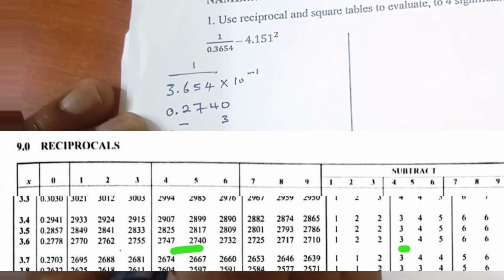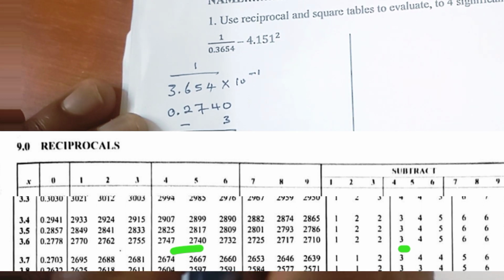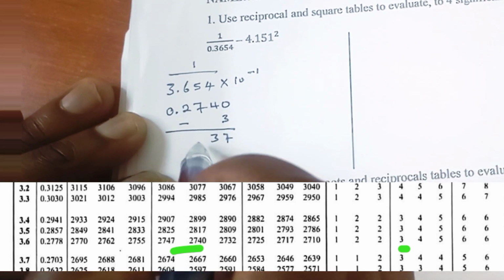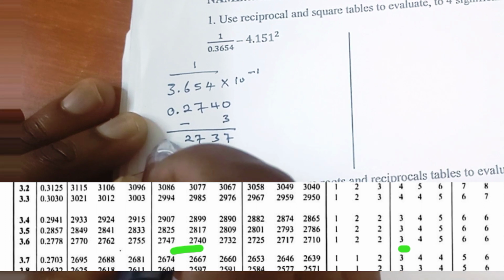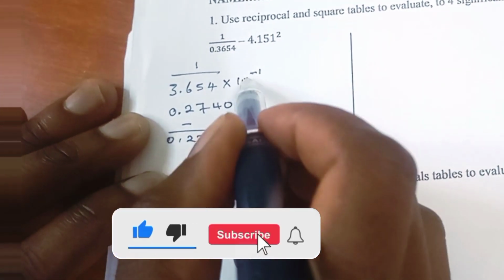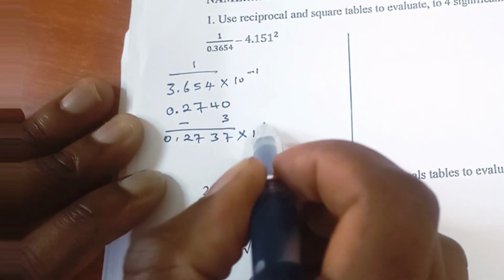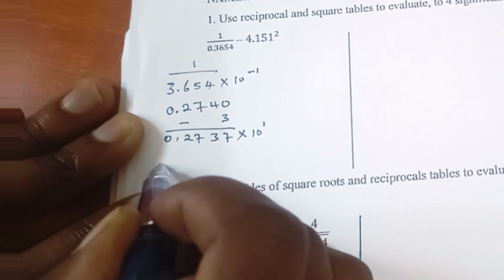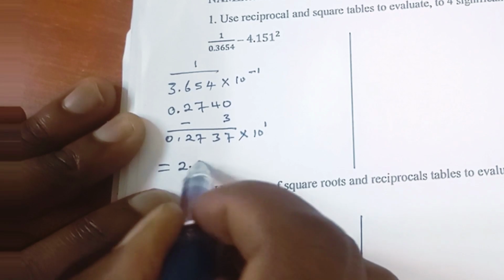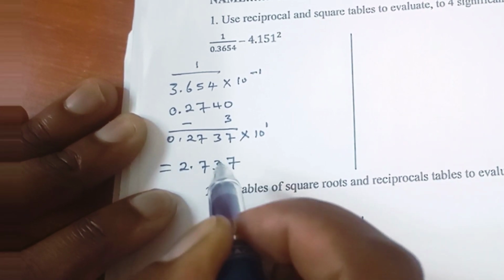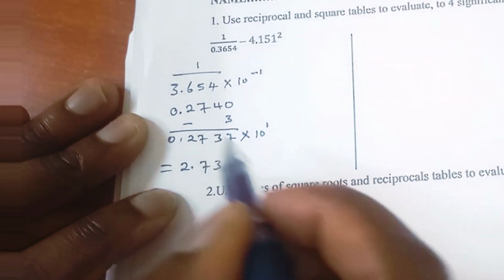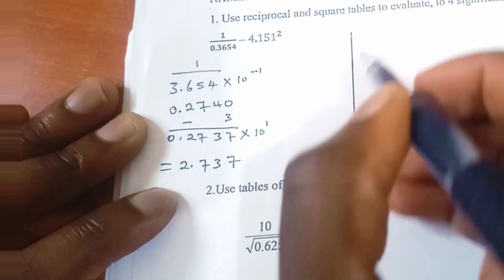So the reciprocal of 3.65 is 0.274, and for 4 we read that to be 3, so we get 0.2737. The reciprocal of 10 to power negative 1 is 10 to power 1. Or in short, the reciprocal of 1 over 10 is 10. So this comes to 2.737. So that is the first part.